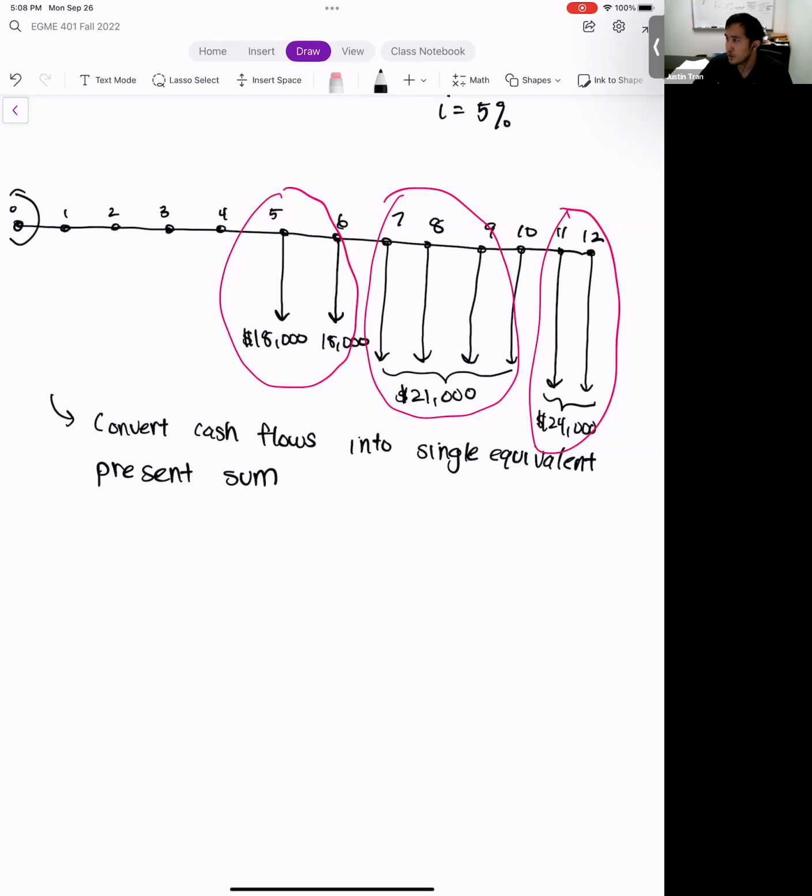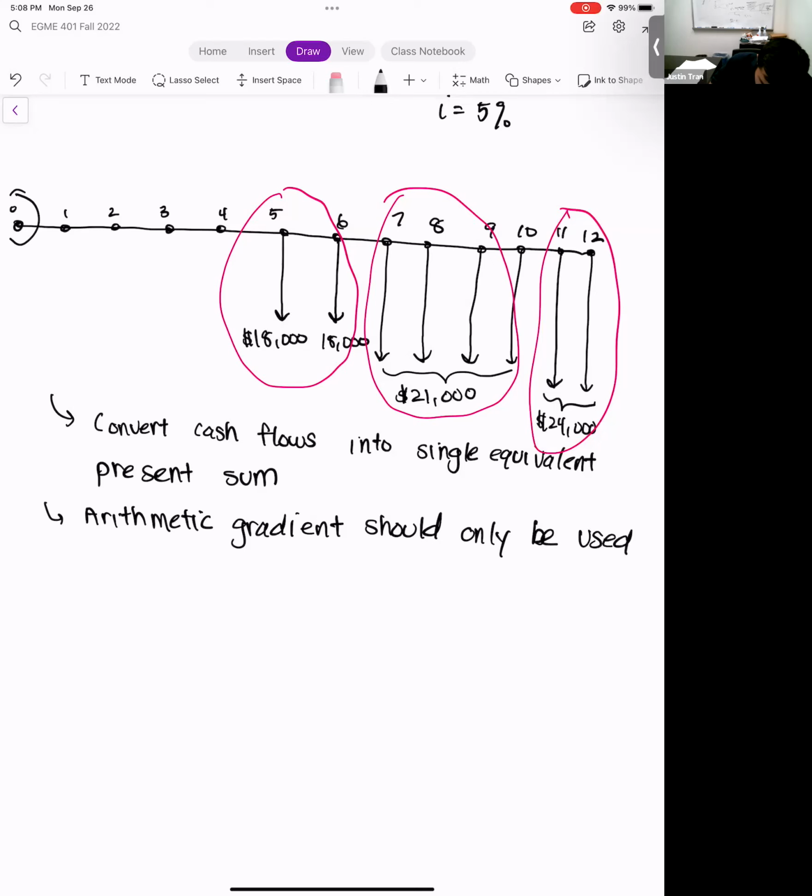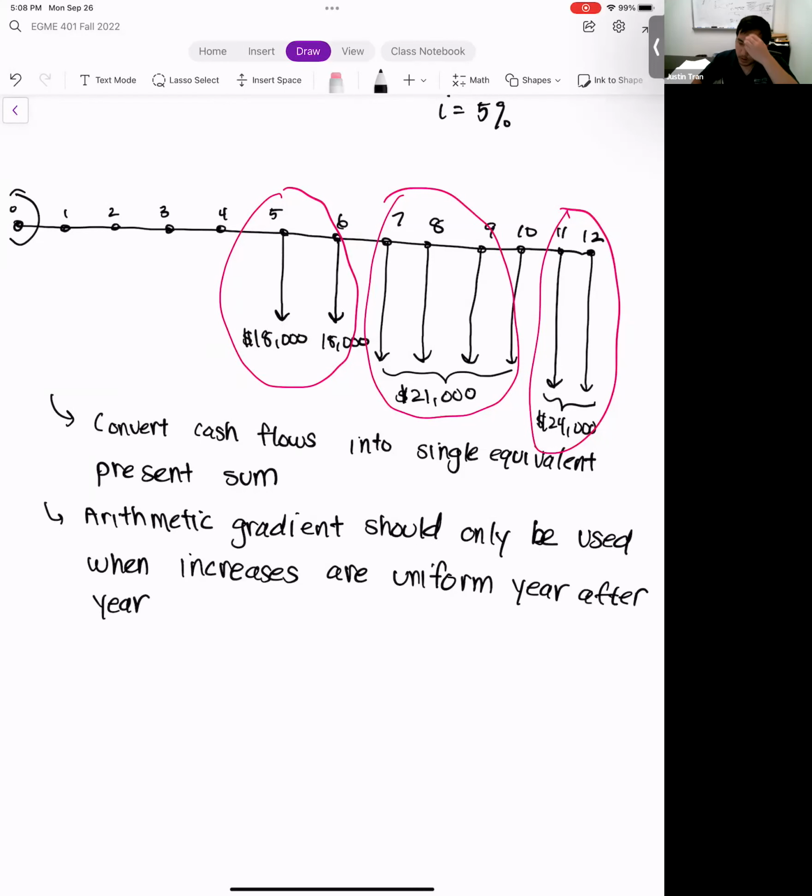So you should only use an arithmetic gradient when you have a constant increase year after year after year. Okay. And so we don't have that here.